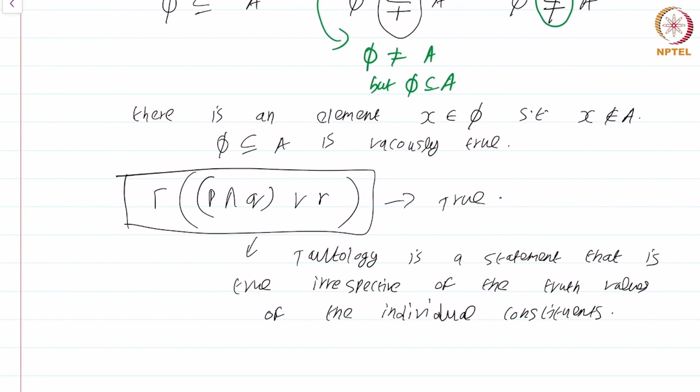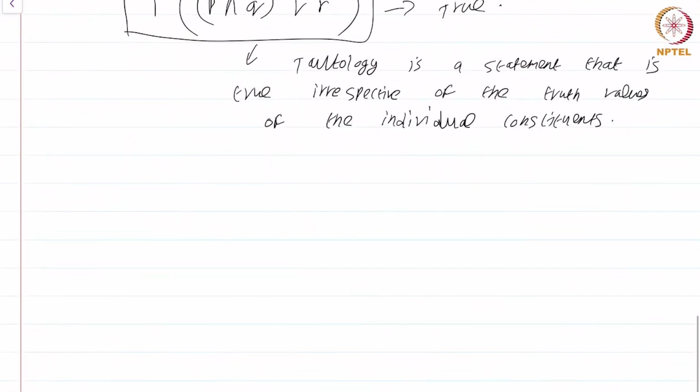So, how do you show that something is a tautology? Well, you are all familiar with truth tables. I will not really bother explaining in great detail, but I will just illustrate with a simple example. Let's look at the statement P or Q or negation Q. I claim that this statement is true always, irrespective of the individual assignment of truth values for P and Q. Well, how do you check this?